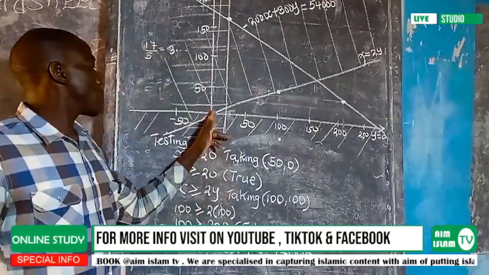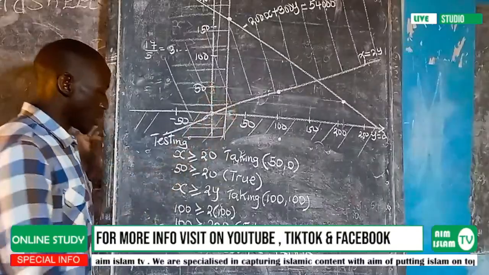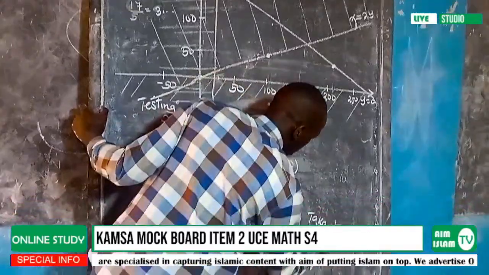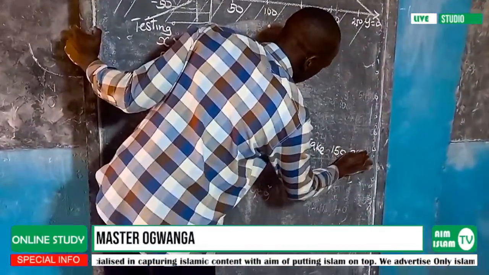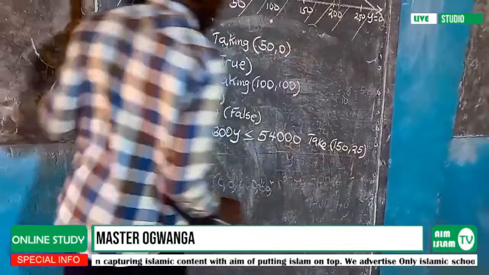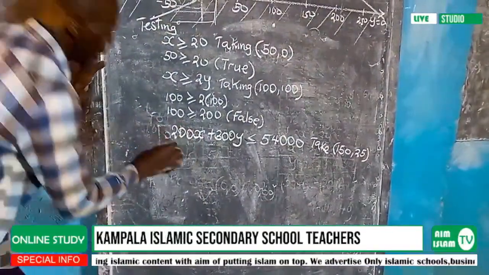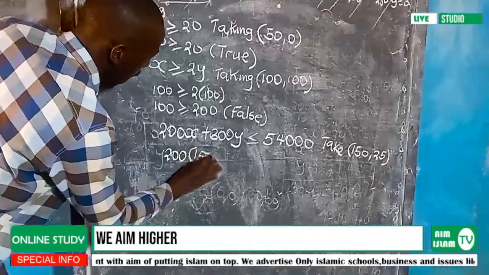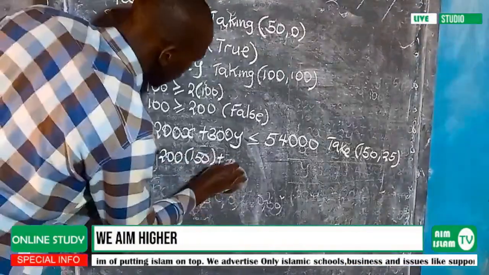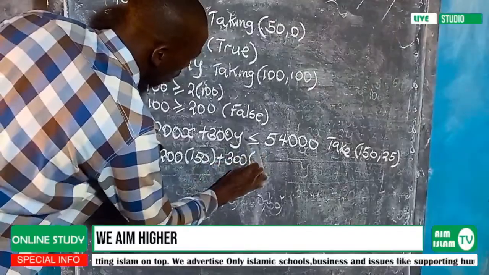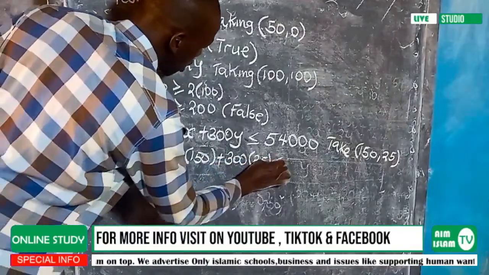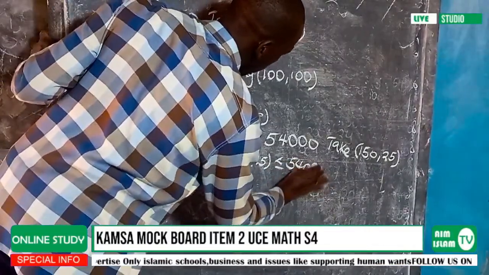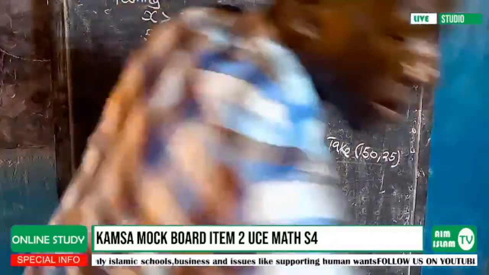25 is lying between 0 and 50. So if I take 150 for x and 25 for y, come and substitute. Have the 200 of x, which is 150, plus the 300 of y, which is 25. This one should be less than or equal to 54,000.